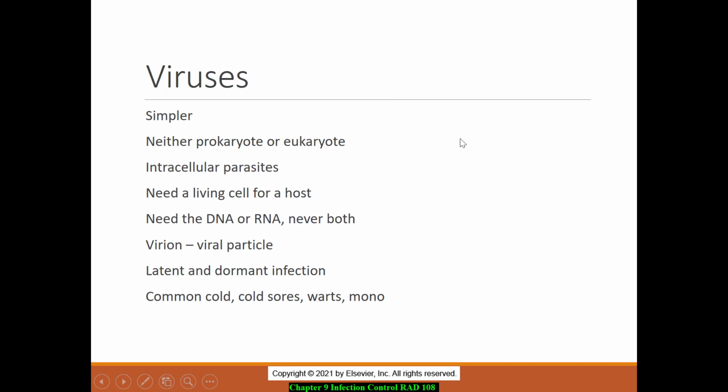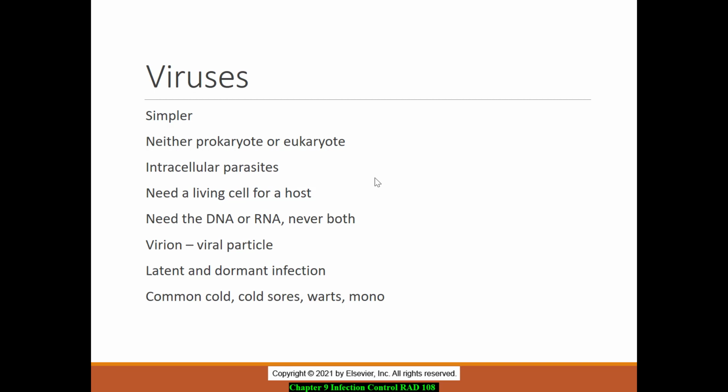When we take a look at viruses, viruses are subcellular organisms that are among the smallest known disease organisms. They're small in size, and they can be viewed with an electron microscope. They can be fully developed and called a virion, which is made up of genetic material, which consists of DNA or RNA.